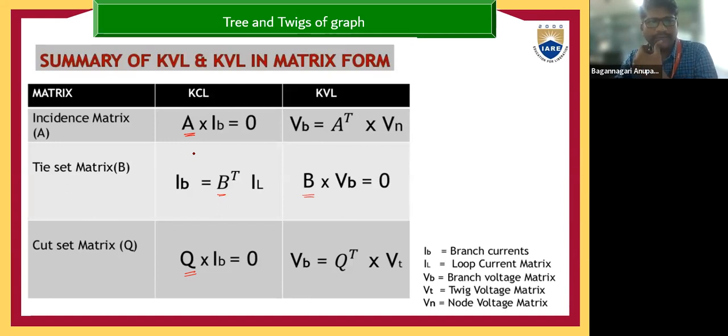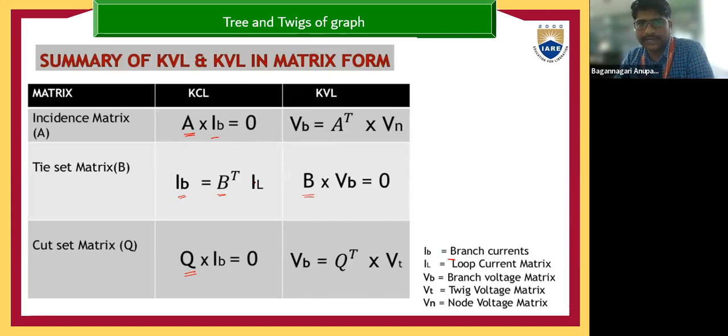We can employ it for finding the branch currents and branch voltages, using this formula where IB is the branch currents, right? We can also find the branch currents by using the Tieset matrix, with this condition.